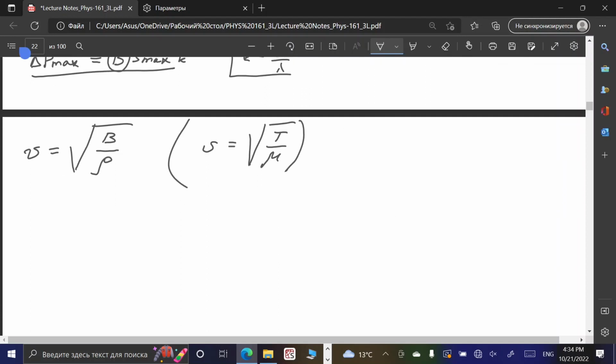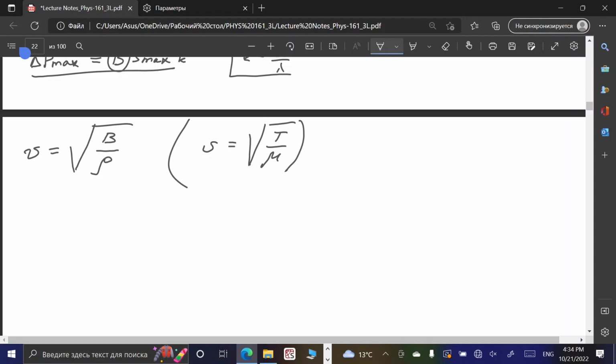Moreover, I would tell you that for any types of waves, there will be something like this in terms of the speed of the wave. In the numerator we will have some elastic parameter of the medium, and in the denominator some inertial parameter of the medium.